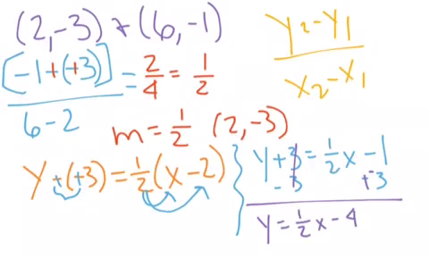Again, if you wanted to pick the coordinate 6, negative 1, you will get the exact same equation if you do it correctly. So on that one, pick whichever point you'd like. The last thing we're going to do super quick is going to standard form, because on your homework, it's going to have you go to standard form.